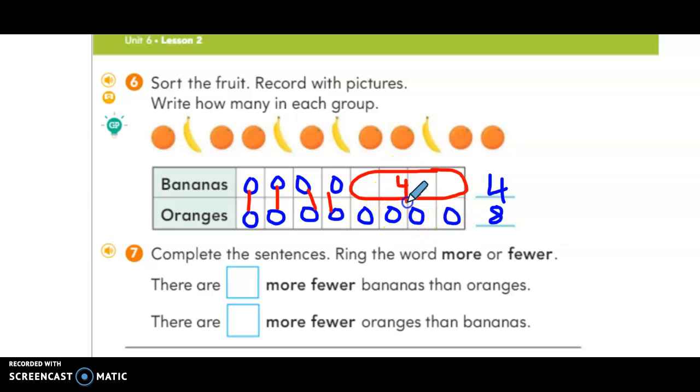Okay. So there are fewer bananas, right? You can even see that in the picture that there are fewer bananas than oranges. And we decided that there are 4 fewer. That's the difference. Okay? And then if there are fewer bananas than oranges, then there must be more oranges than bananas. And you can see with the little blue circles, how many more? 4 more.